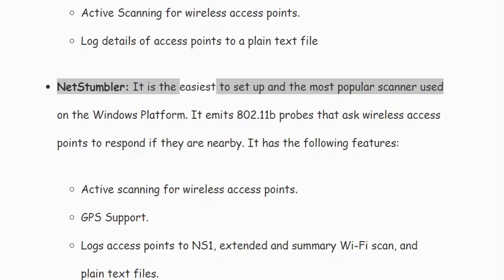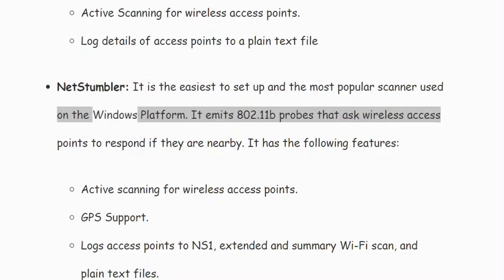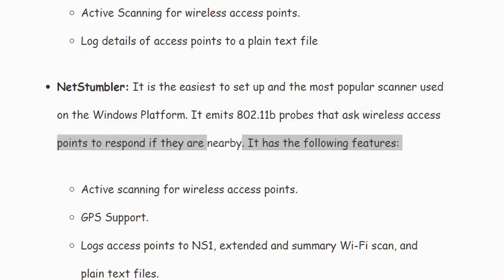NetStumbler is the easiest to set up and the most popular scanner used on the Windows platform. It emits 802.11b probes that ask wireless access points to respond if they are nearby.